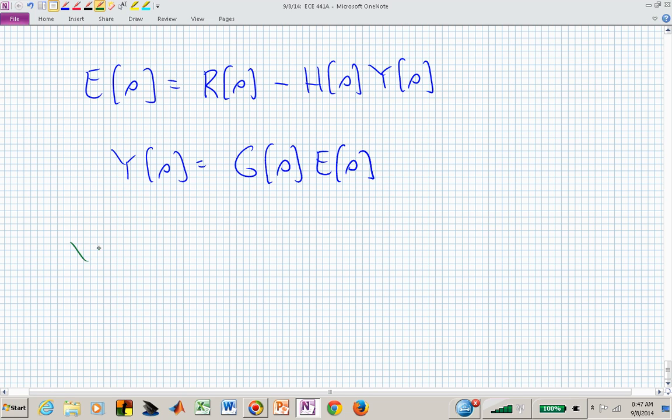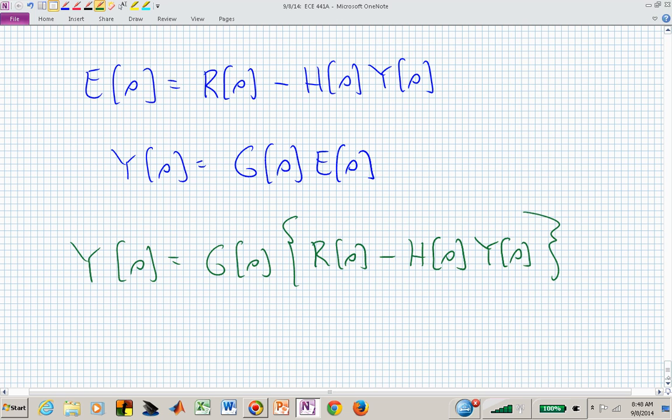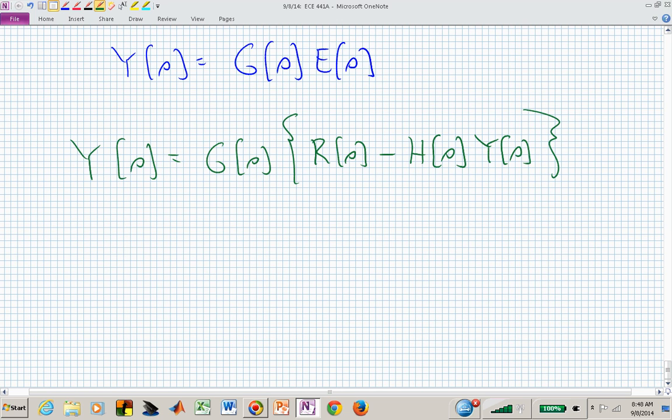If we simply combine those, we now have Y of S is equal to G of S, but we've already defined E of S to be R of S minus H of S, Y of S. Or now we have G of S, R of S, minus G of S, H of S, Y of S. Let's isolate the Y's and the R's on their respective sides.